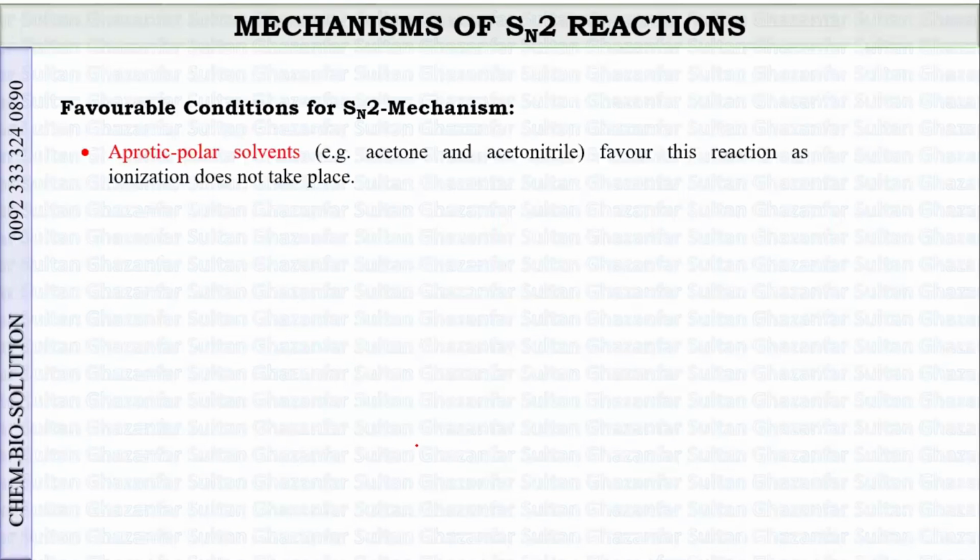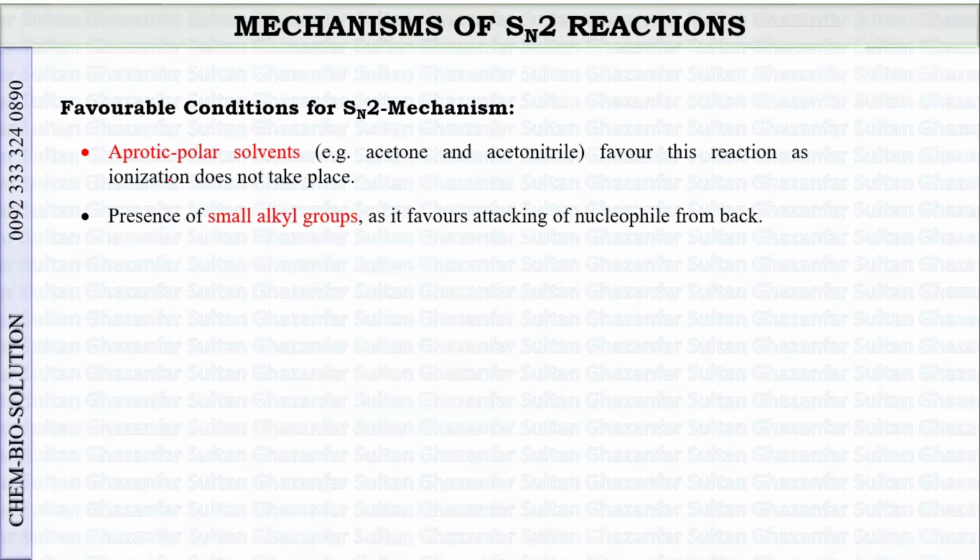The favorable conditions for this mechanism are opposite to the SN1. In the SN1 mechanism, we have seen that a polar protic solvent is required, but here a polar aprotic solvent is required. Remember that because alkyl halides are polar, the solvent should be polar. But there are two types of polar solvents. The polar protic solvent can donate a proton to facilitate ionization. But here acetone and acetonitrile or any other example, for example DMSO.